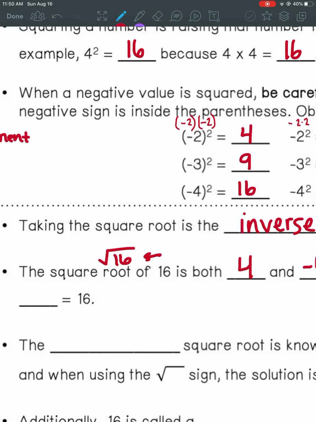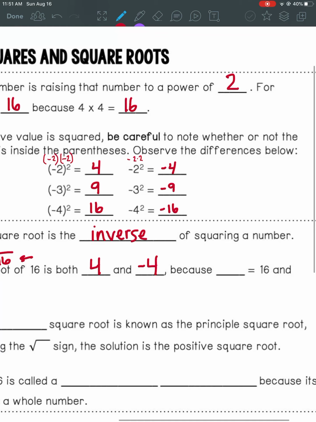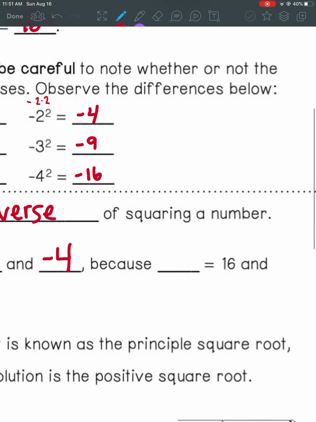So 4 times 4 is 16, but also negative 4 times negative 4 is 16. So 4 squared is 16, but also what we just looked at up there, the parentheses of negative 4 squared is also 16. So the square root of 16 can be both the positive and negative version of 4.